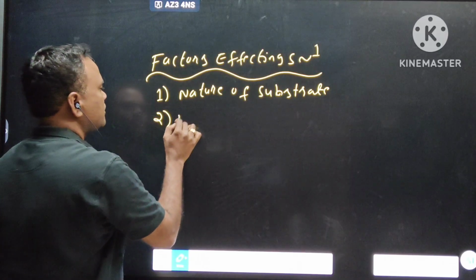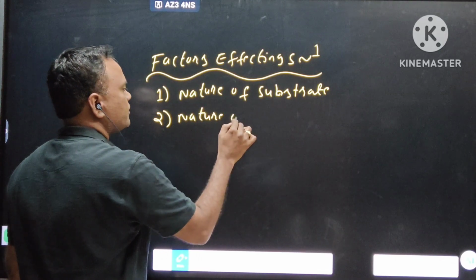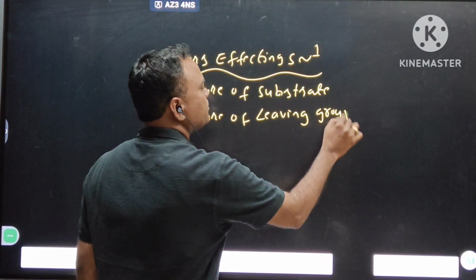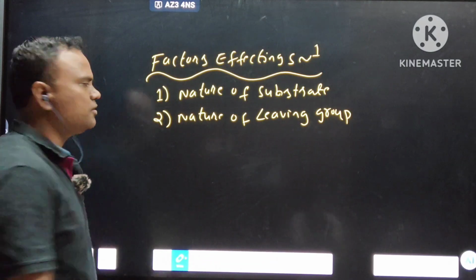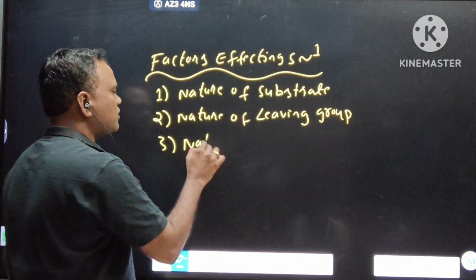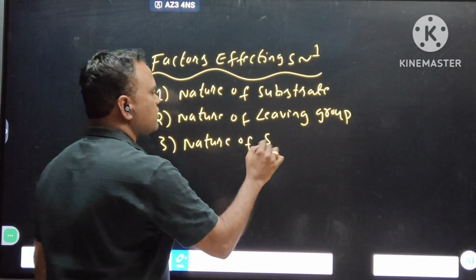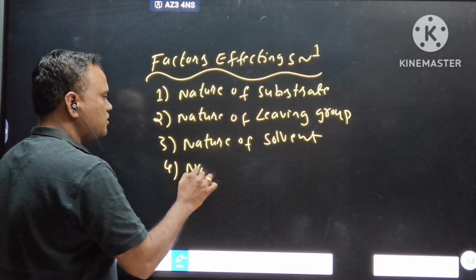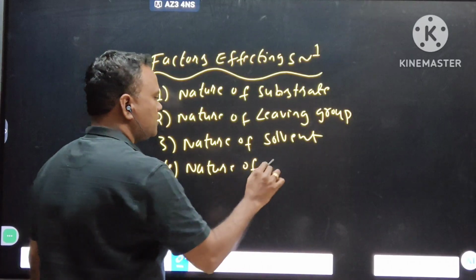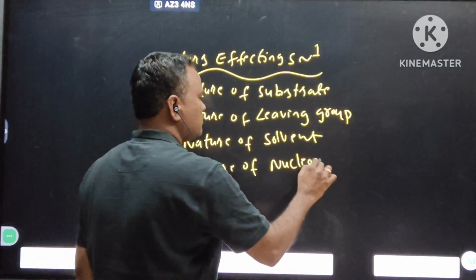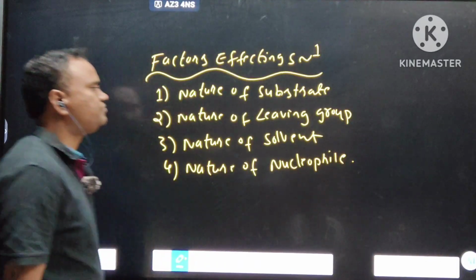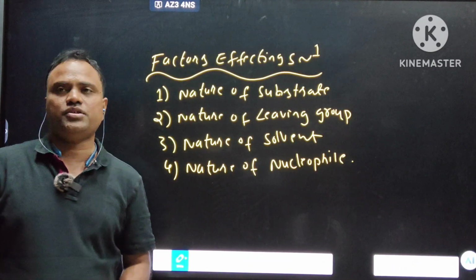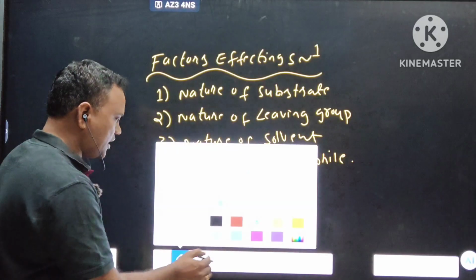Second factor is nature of leaving group. Already we completed leaving group ability in the last class. Third one, nature of solvent. And fourth one, nature of nucleophile. These are the factors which affect SN1.